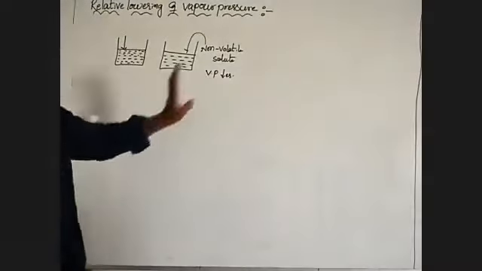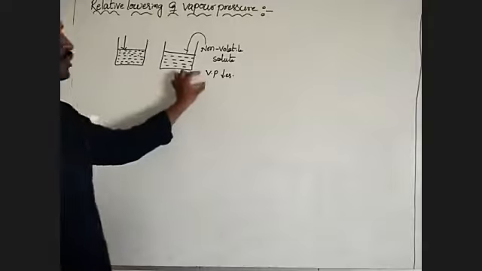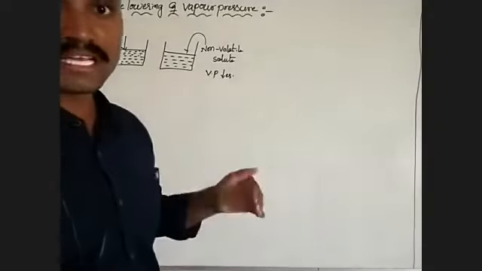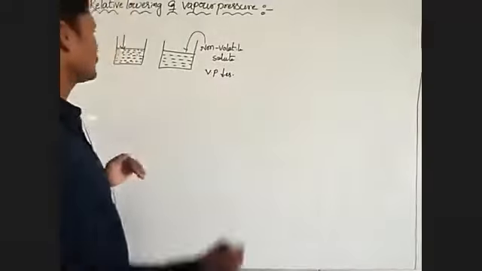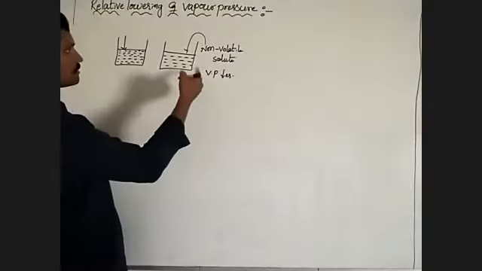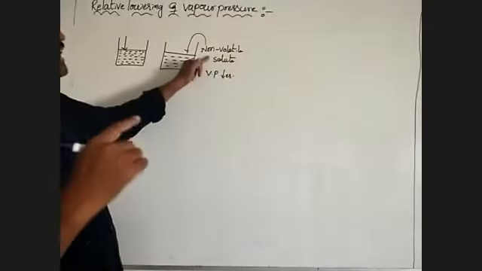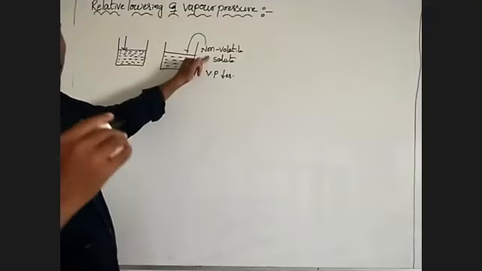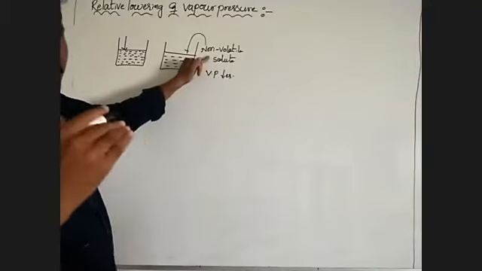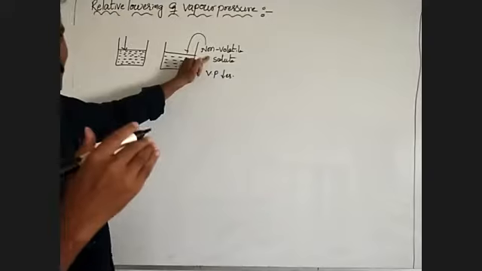This decrease in vapor pressure is called lowering of vapor pressure. Once again, the vapor pressure of a solution containing non-volatile solute is always lesser than that of the pure solvent.